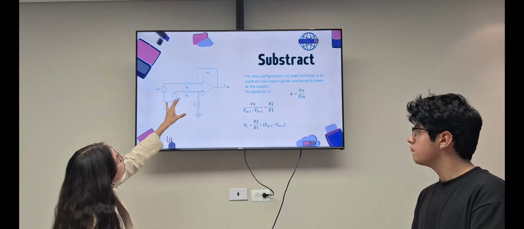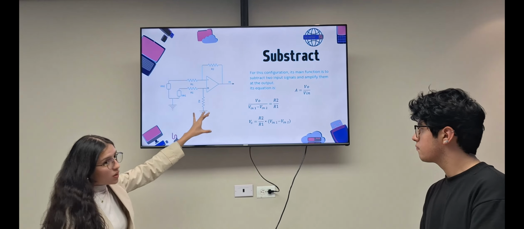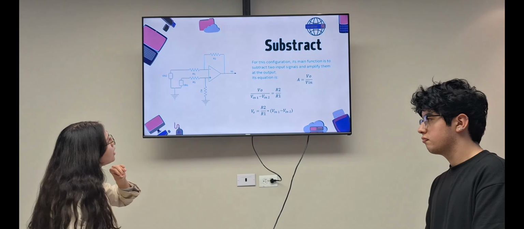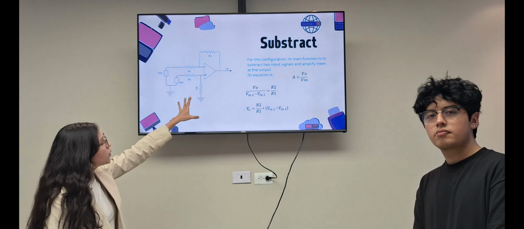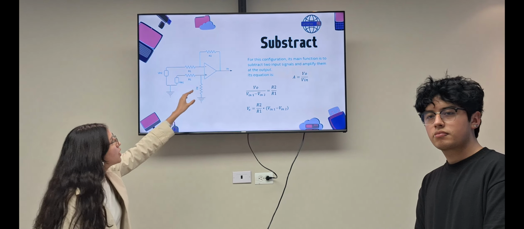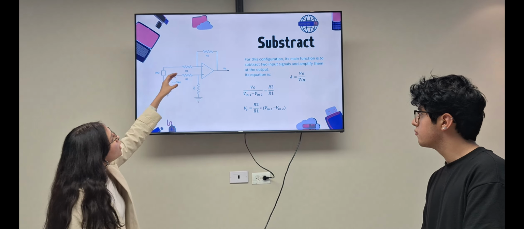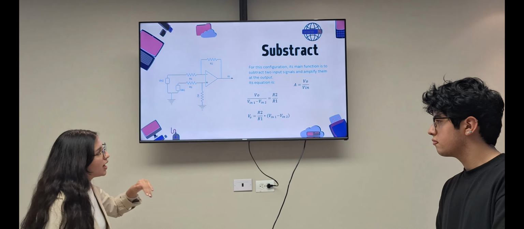So we have the negative channel and the positive channel, and we have the ground here. If you are looking at this presentation, R2 here is going to be the same value as R2 right there, and the R1 resistors are going to have the same value.